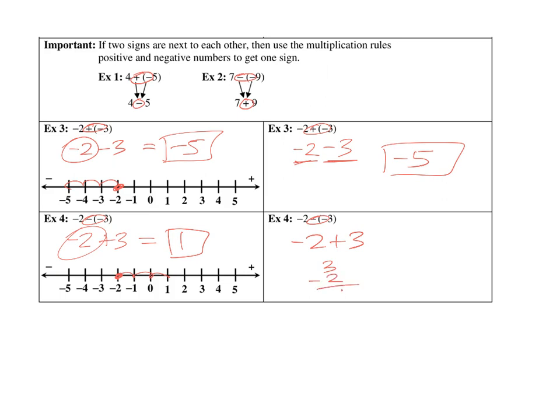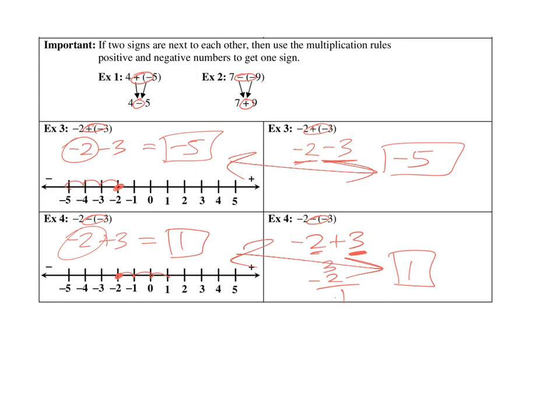Bigger minus smaller. I end up with 1. Now let's go back to the numbers themselves. Which one's bigger, 2 or 3? 3 is bigger, and its sign is positive, so that means my answer is positive. All right, and you'll notice that these match, these match. Okay, so same answer, but a different approach.